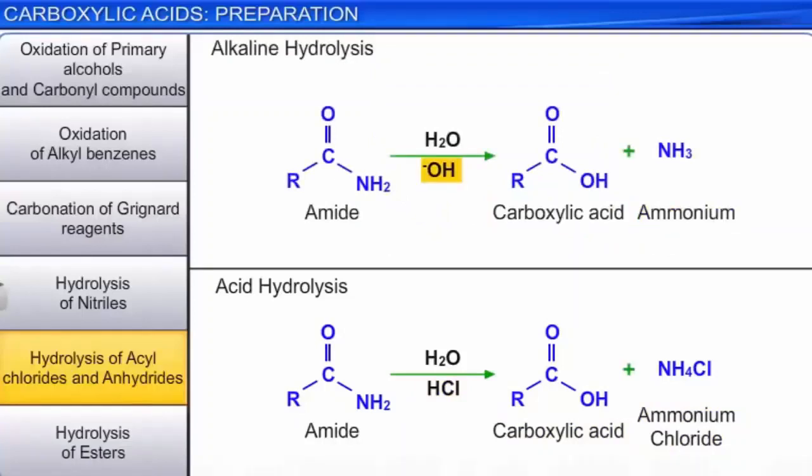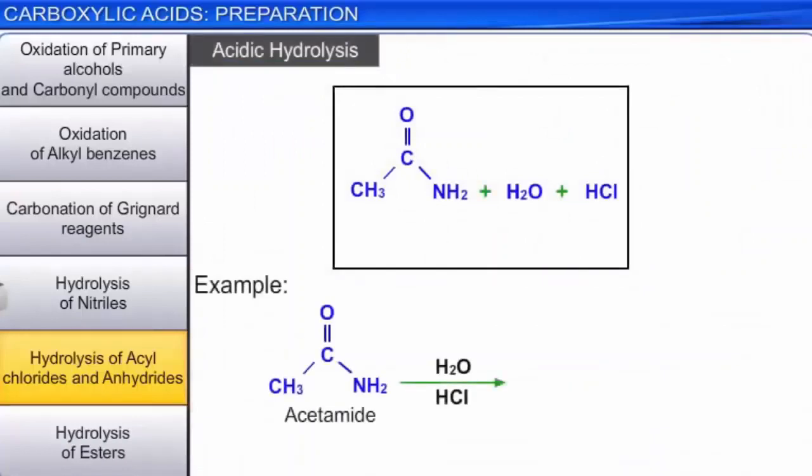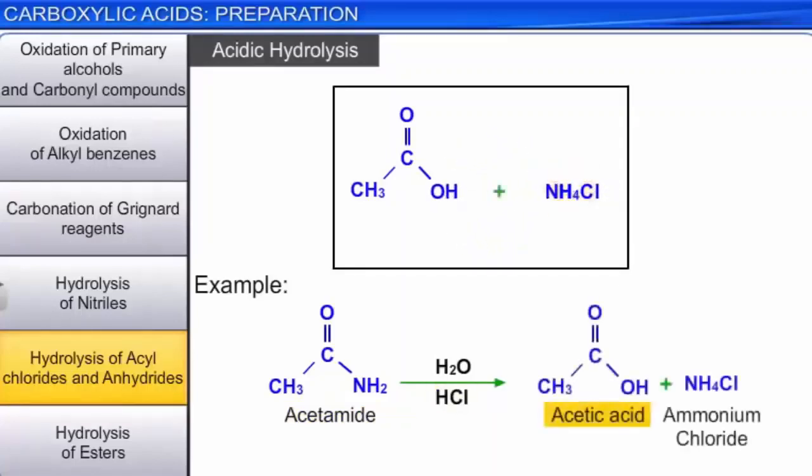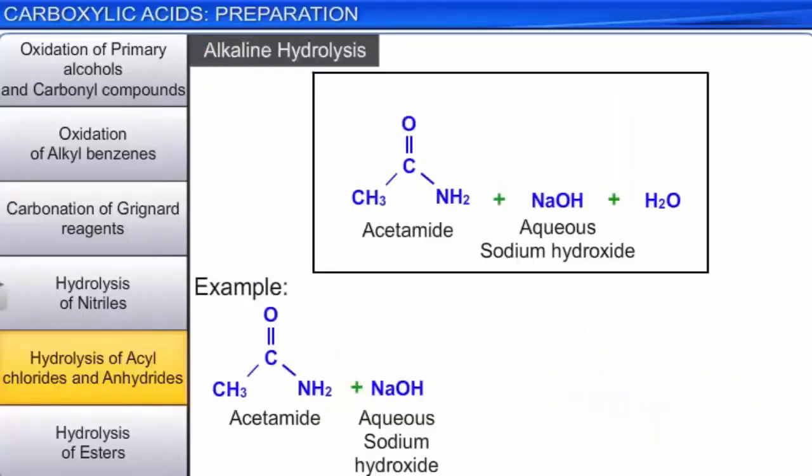For example, acetamide, on being boiled with dilute HCl, undergoes hydrolysis to give acetic acid and ammonium chloride. On the other hand, when it is boiled with aqueous sodium hydroxide, it gives sodium acetate and ammonia.